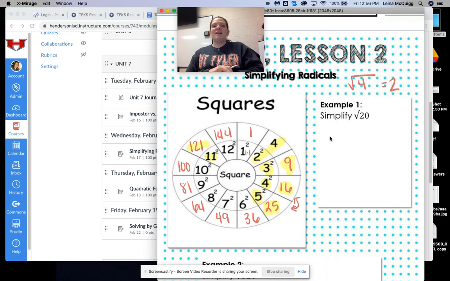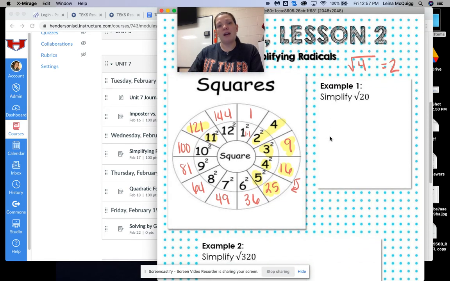So we don't have an exact value that we can take out of the square root of 20, but we can simplify it. So when we're simplifying, we want to break down 20 into two factors, two things that multiply to give me 20, one of which I want to be one of the numbers on my perfect square wheel. Okay, so I want it to be one of the numbers on the outside of my circle.